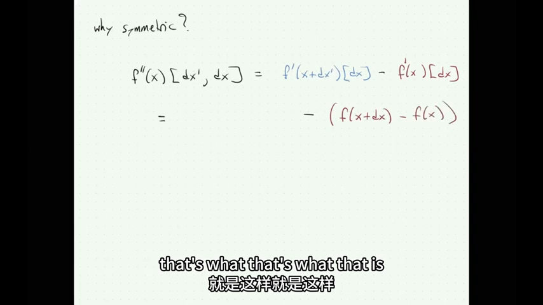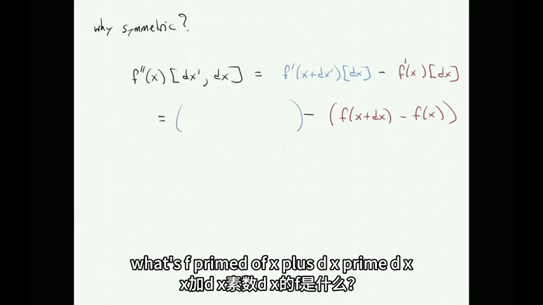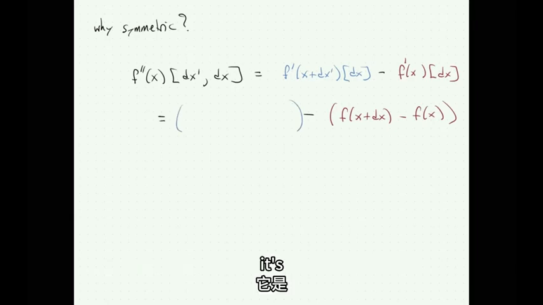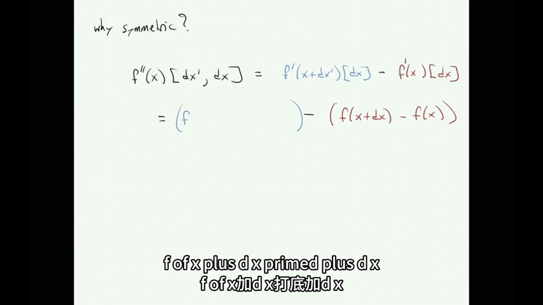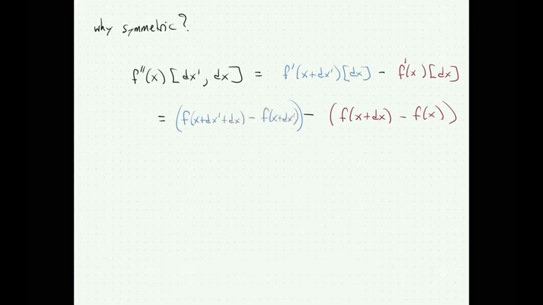That's what that is. So what's f primed of x plus dx prime, dx? It's f of x plus dx prime plus dx minus f of x plus dx prime.